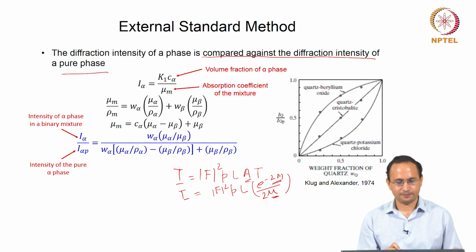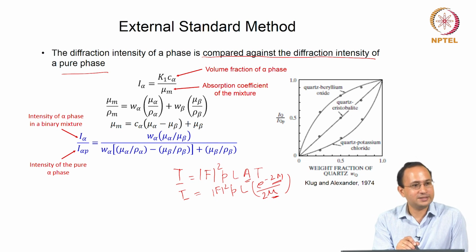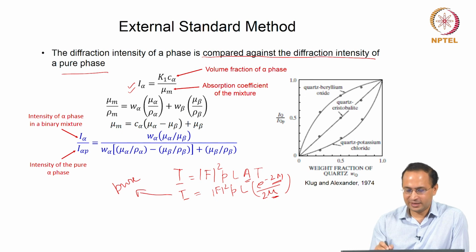So, what do you see here? For a particular phase alpha, we are talking about a binary system where we have alpha and beta. We want to know how much alpha, how much beta. So, I alpha can be written as, now this equation is for the pure substance, this intensity times C alpha.